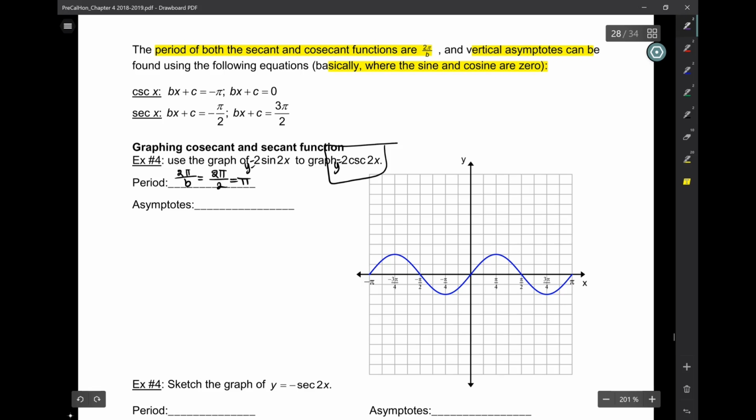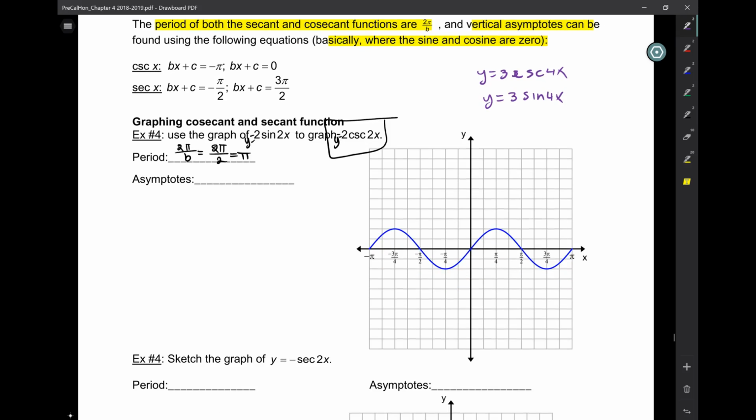Whatever the sign is, for example, if it's y equals 3 cosecant 4x, then you just use 3 sine 4x. It's the same. Here, because we already know how to graph the sine, I just graphed it for you, and then we're going to use that to graph our cosecant.